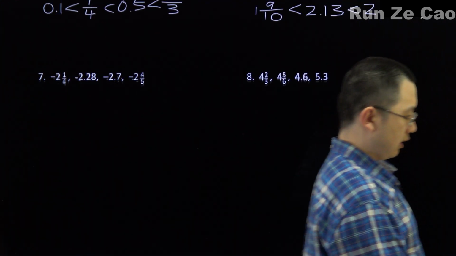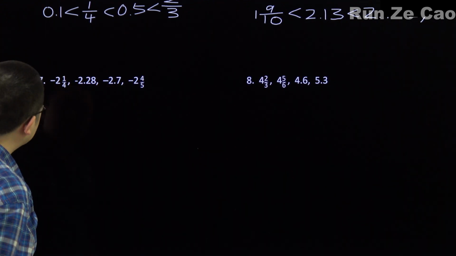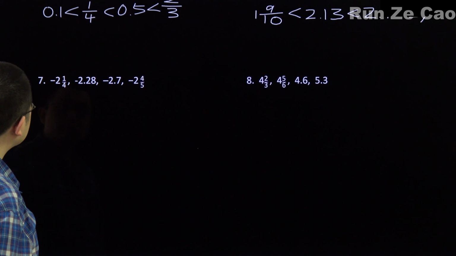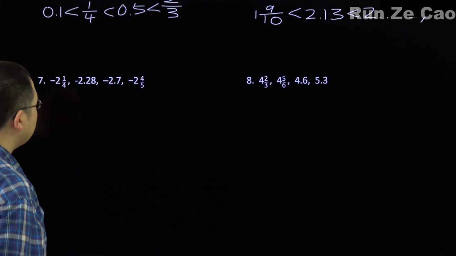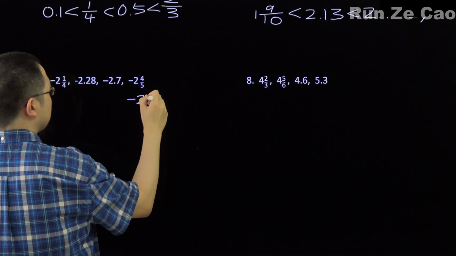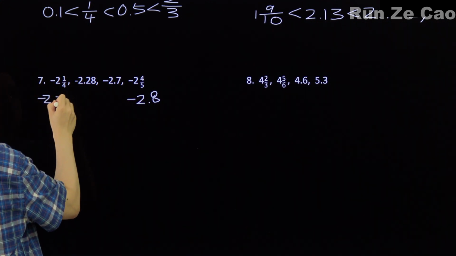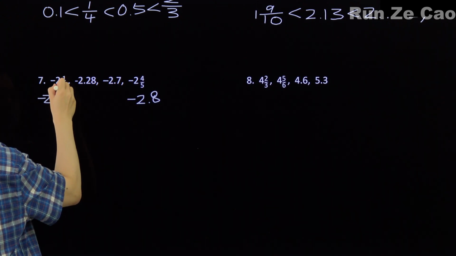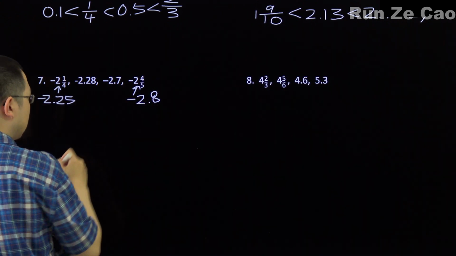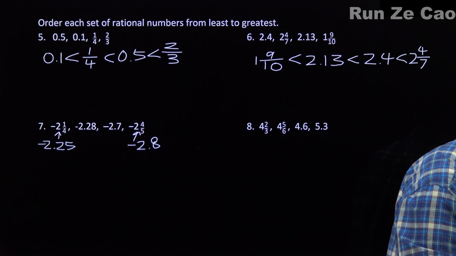Okay. Negative 2 1/4, negative 2.28, negative 2.7, and negative. So this is negative 2.8. This is negative 2.25. Okay, so we want it from least to greatest, right?